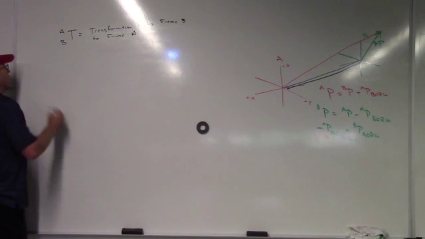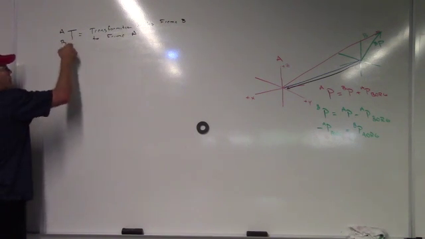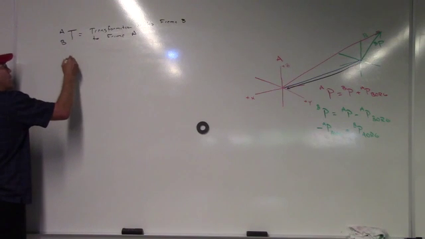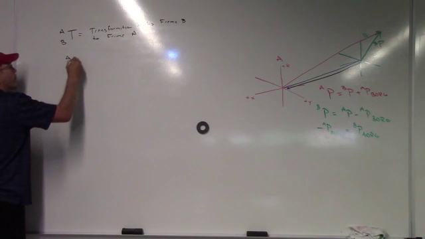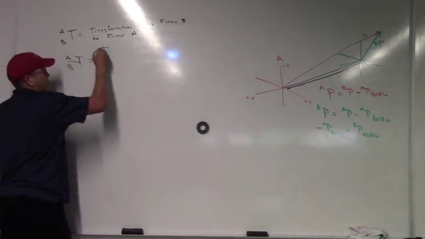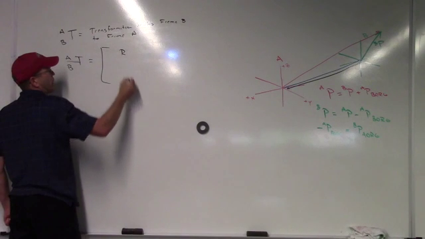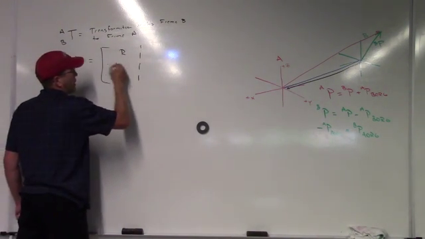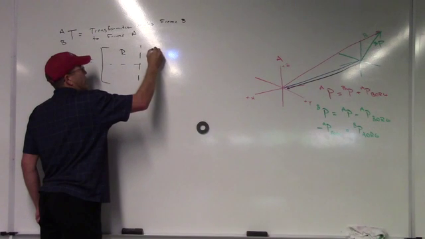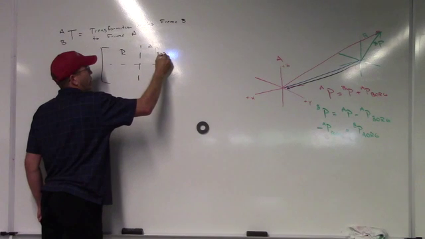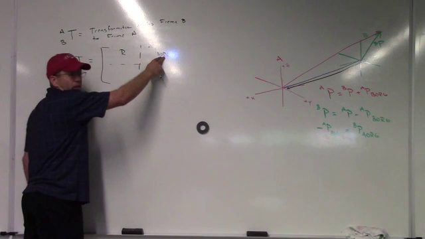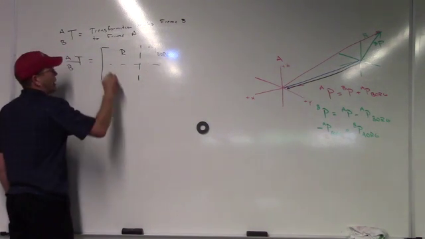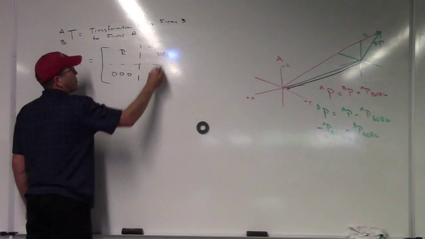So when we have a transformation, we're going to package it, as I've already said, as a rotation matrix, which we're not worrying about quite yet, a position vector that is described in one frame and points to the origin of the next frame, and then a row of zeros and a 1.